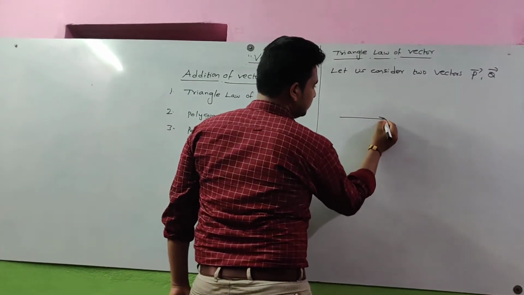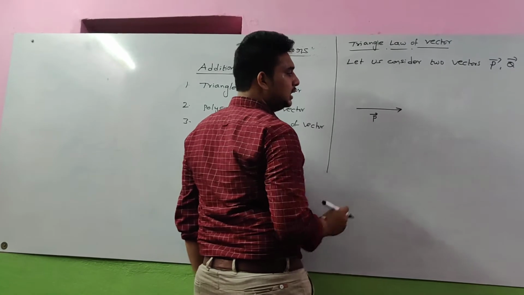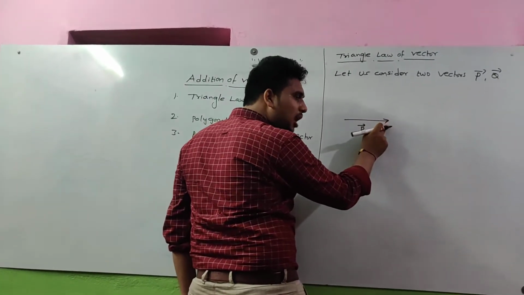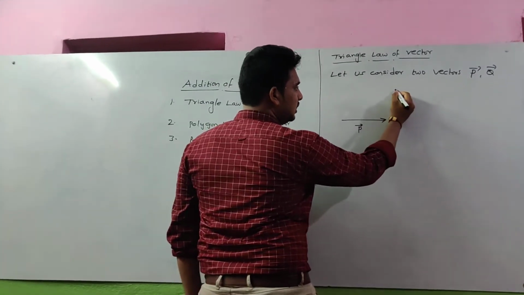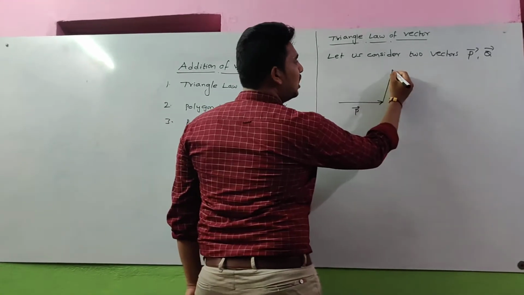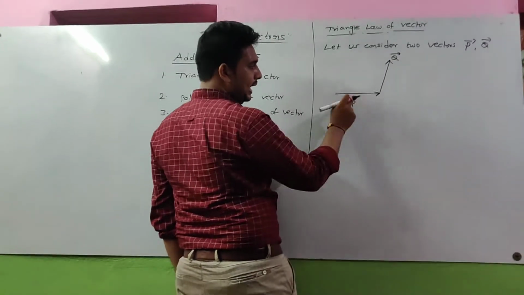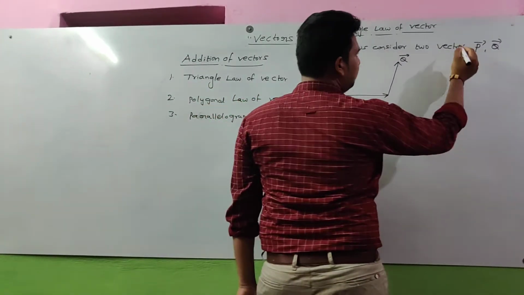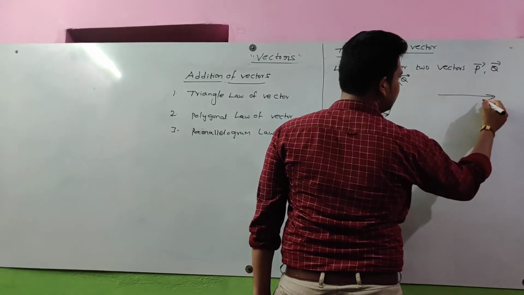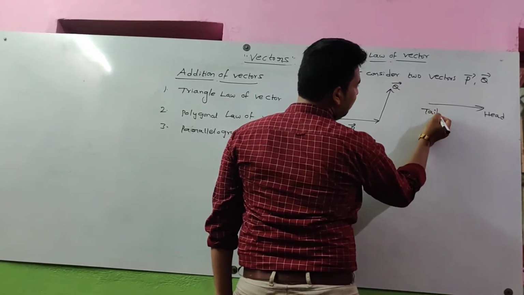This is the P bar vector. The head part of P bar is joined to the tail part of Q bar. I already told you, if you take a vector, this is called the head part, this is called the tail part.